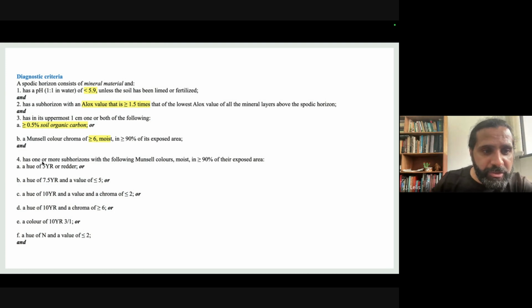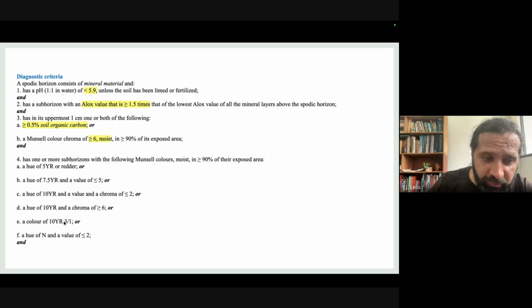Okay, and it has one or more subhorizons with the following Munsell colors, moist in 90% of this exposed area, so the dominant color: a hue of 5YR or redder than this, or a hue of 7.5YR and a value that's equal or below 5, or a hue of 10YR and a value and a chroma that's equal or below 2, or a hue of 10YR and a chroma that should be a minimum of 6, or, I'm sorry, a color of 10YR 3/1.